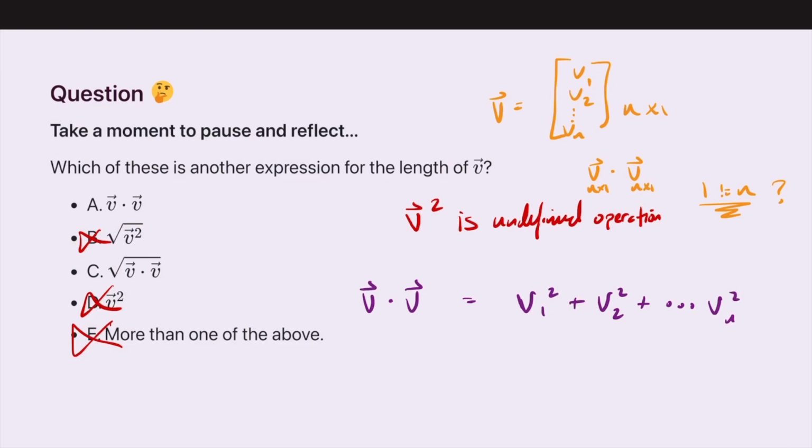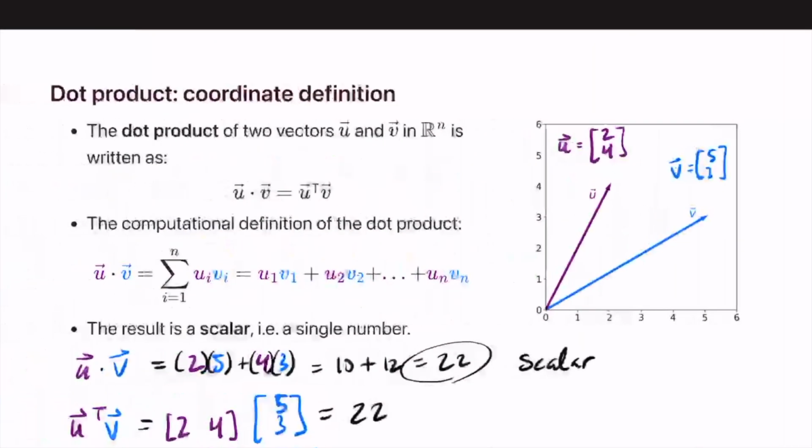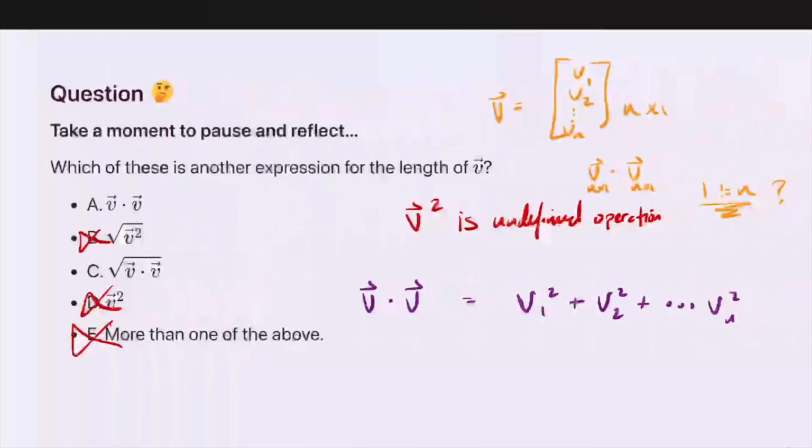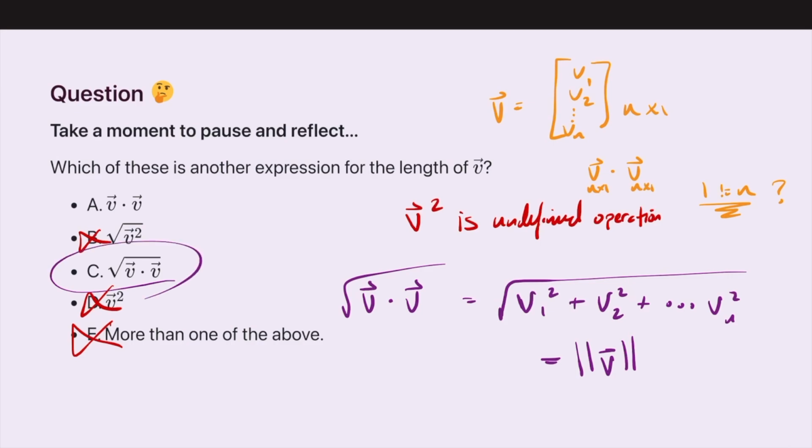And this looks awfully close to the definition that we had earlier. What's the only thing that we're missing? Well, what we're missing is the square root, which then equals the magnitude, or sorry, the length, the L2 norm of the vector. So this would be the correct answer.